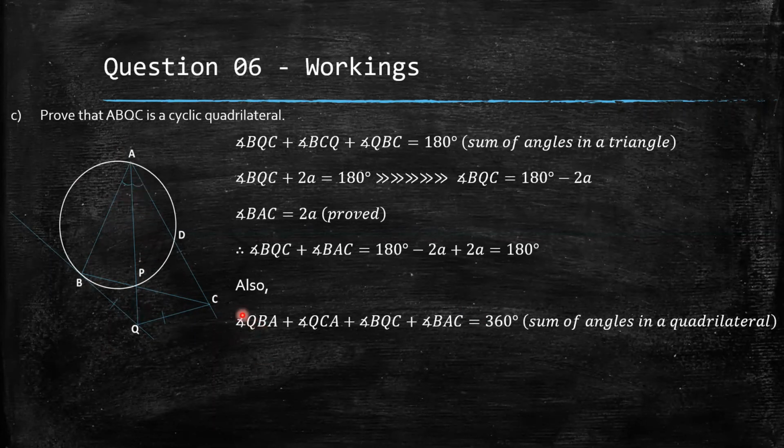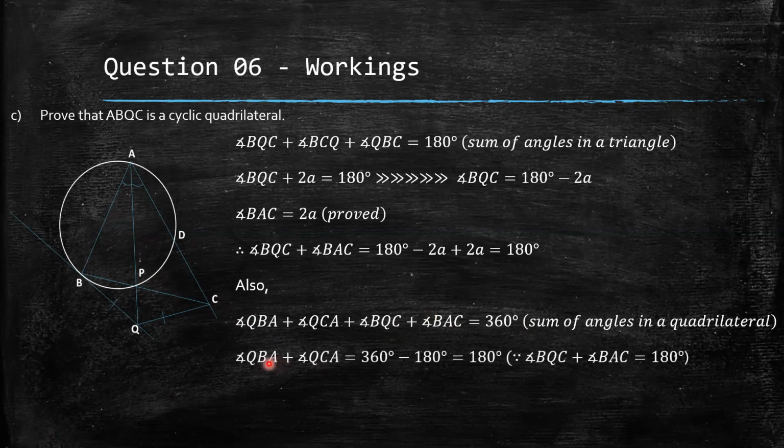Again, we can show that QBA plus QCA plus BQC plus BAC is equal to 360. We know that QBA plus QCA is equal to 360 minus the summation of these two. These two sum up to 180; we have proved it earlier.